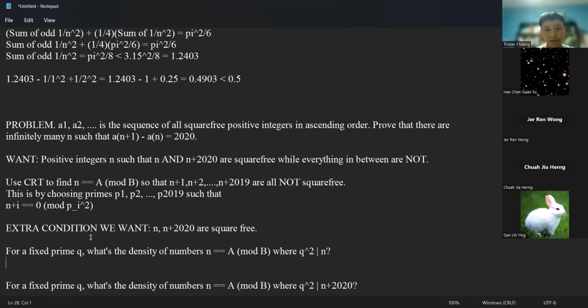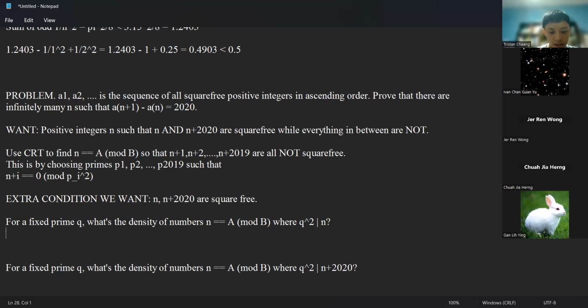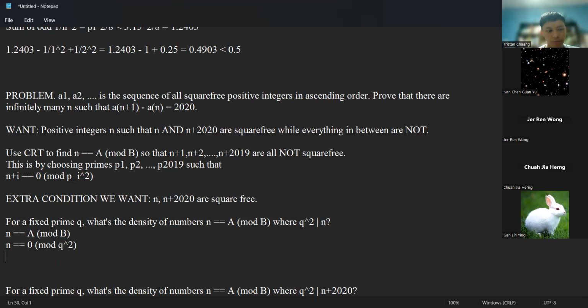So let's answer the first question first. The first question is, n is A mod B and n is 0 mod Q squared. Well, there are two possibilities here, right?